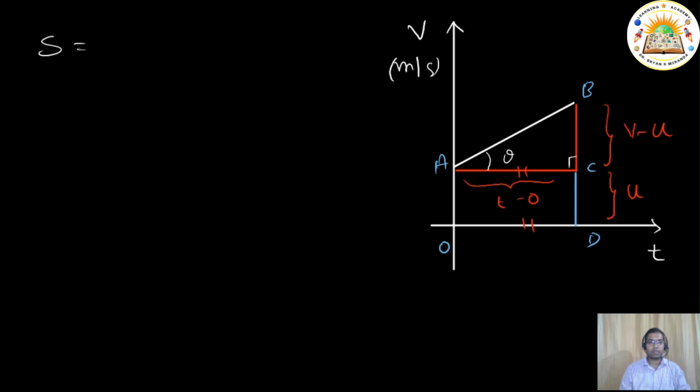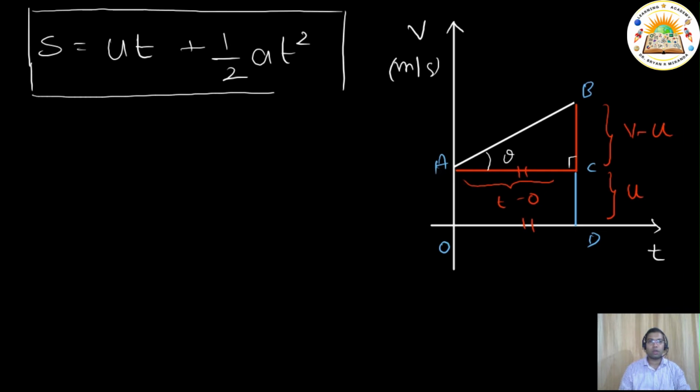Therefore, S can be written as UT plus half AT square. Now this is the second equation of motion. So the first equation was V is equal to U plus AT. We have derived that. Now let us look at the third equation of motion, how we can derive it.